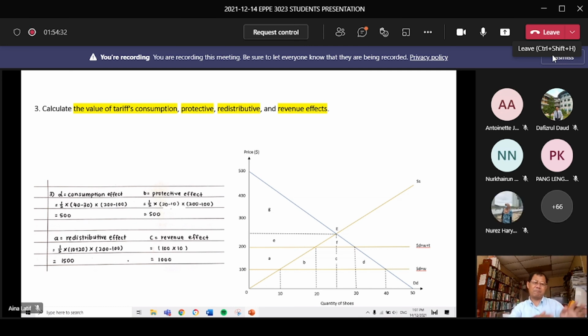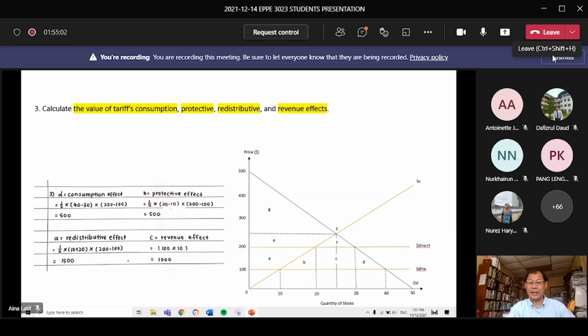For a large country, the supply of the world has some gradient, because a large country can influence the supply of the world. So the supply will be like this, not horizontal. As a result, under C there is one box. We can call it E. That box is the terms of trade effect.